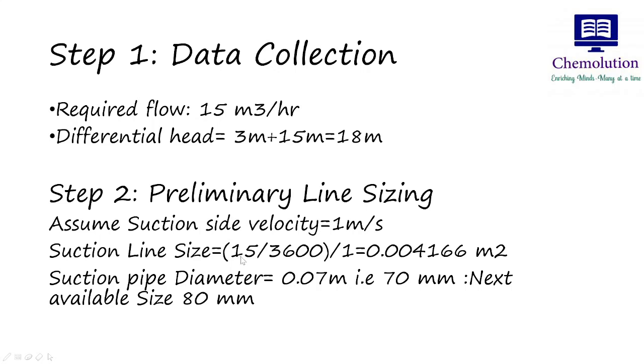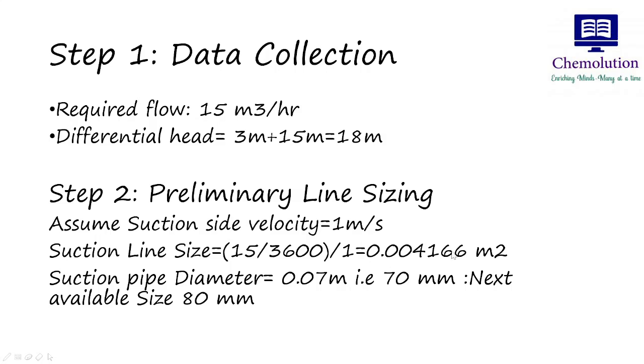We are converting this meter cube per hour to meter cube per second for unit conversion, because velocity is in meter per second. So 15 divided by 3600 is our flow rate divided by this velocity, which gives a cross section area of piping as 0.0041 meter square. Now you will have to calculate the diameter of pipe for which the area is equal to this much.